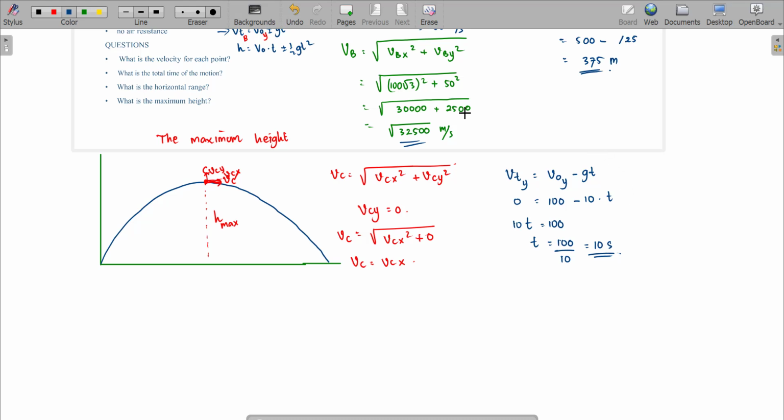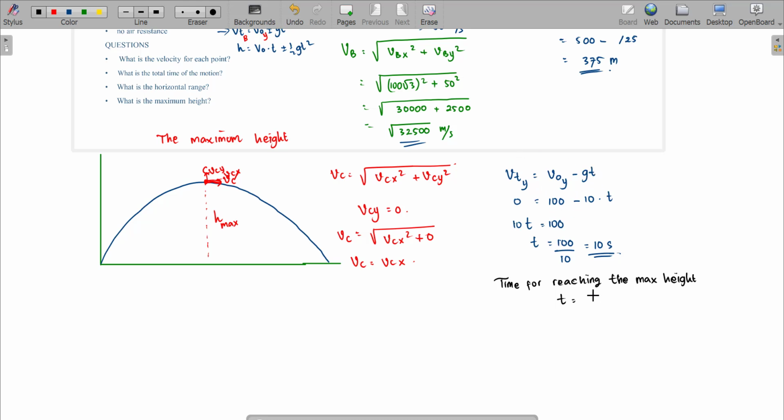So what is the formula to find the time for reaching the maximum height? You can use this formula.